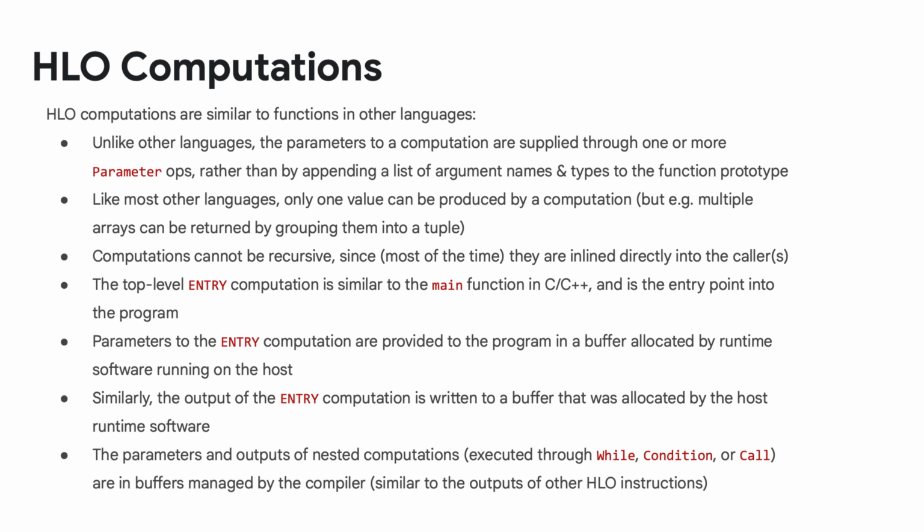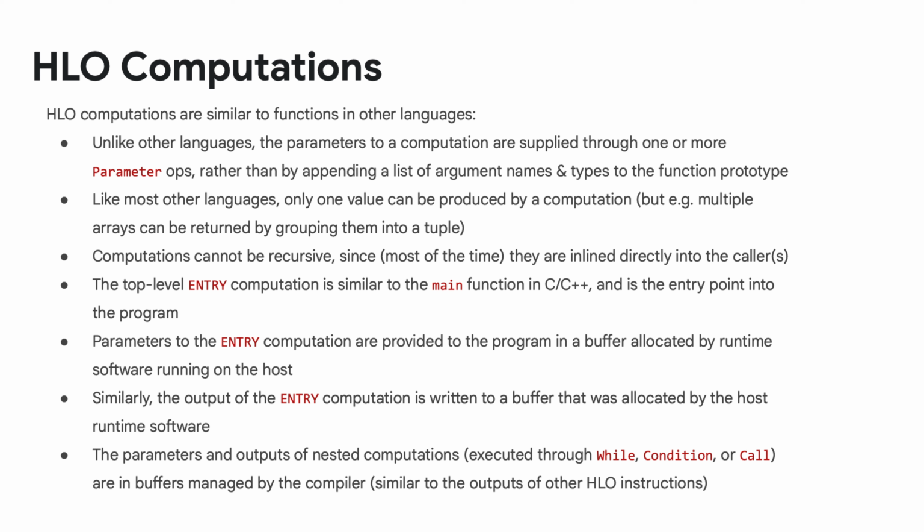And the top-level computation is the entry computation. It's your main function. That's how you pass your arguments, parameters, to a program. And the entry computation defines the layout and the results of your main function. So everything is passed as a buffer. XLA itself doesn't allocate any memory. The assumption is that the executable that XLA compiled takes buffers for parameters.